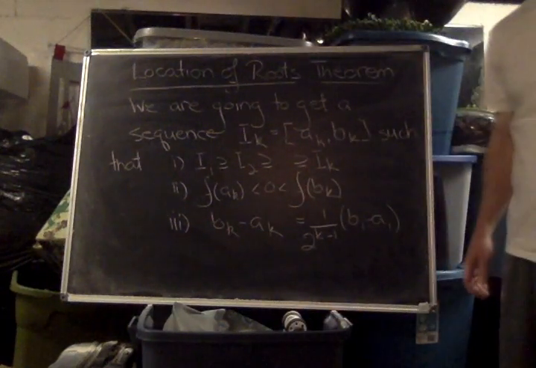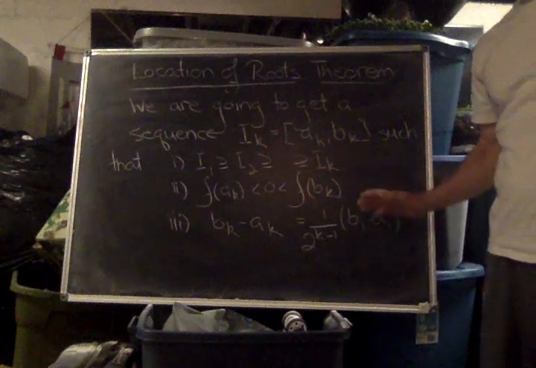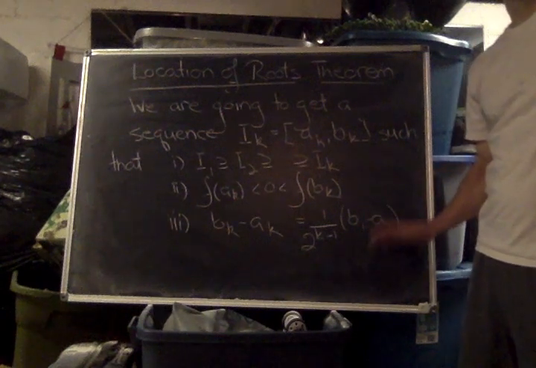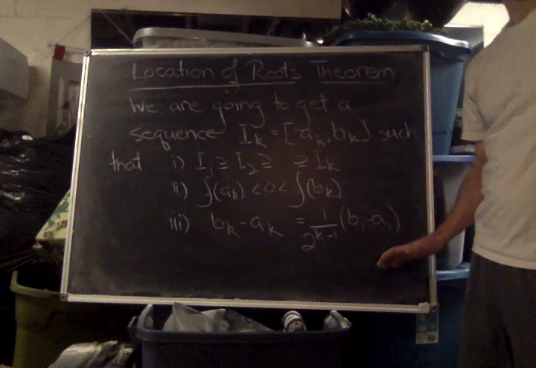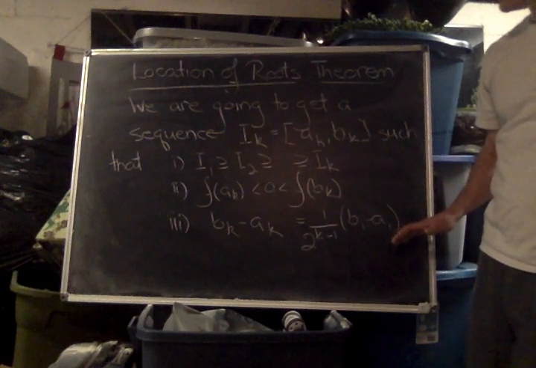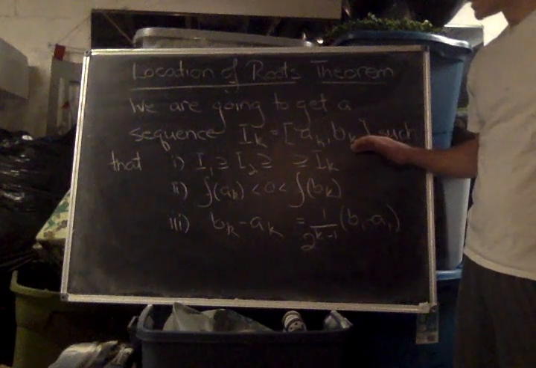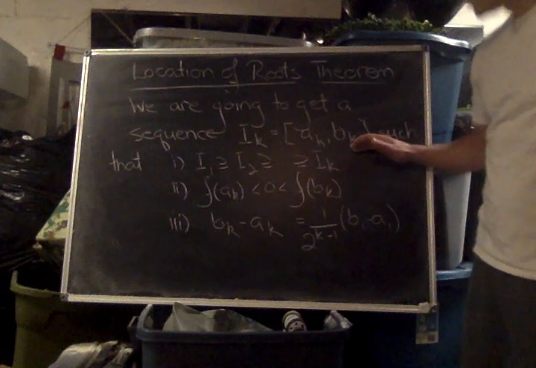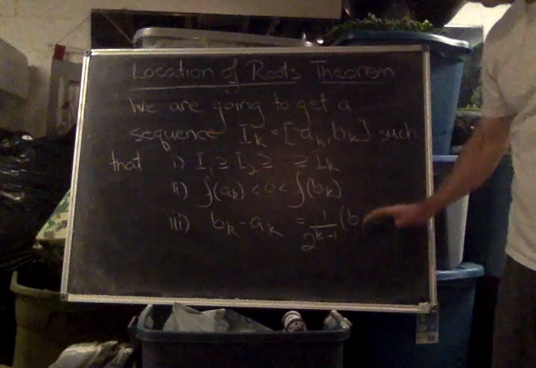Okay? So that little iterative procedure that I was showing you in the diagram is meant to produce a sequence of closed bounded intervals a sub k, b sub k, which have these three properties.